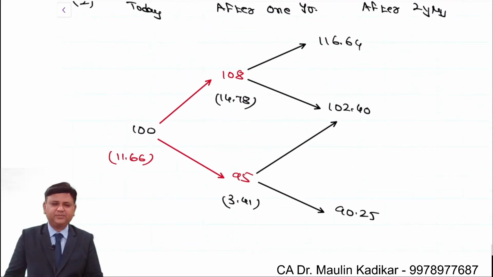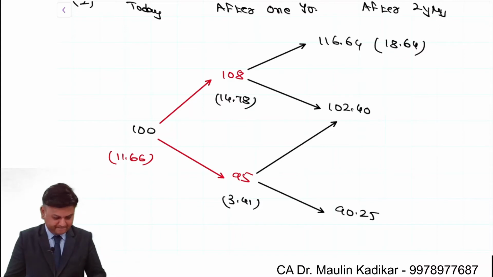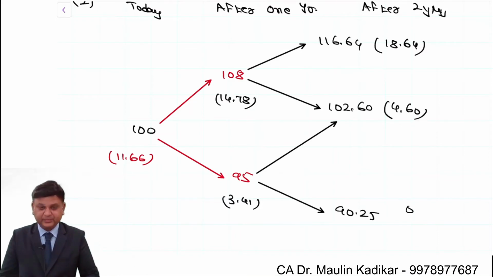In the first case, the payoff is 18.64. In the next case, it is 4.6, and in the last case it is 0. This is the answer.